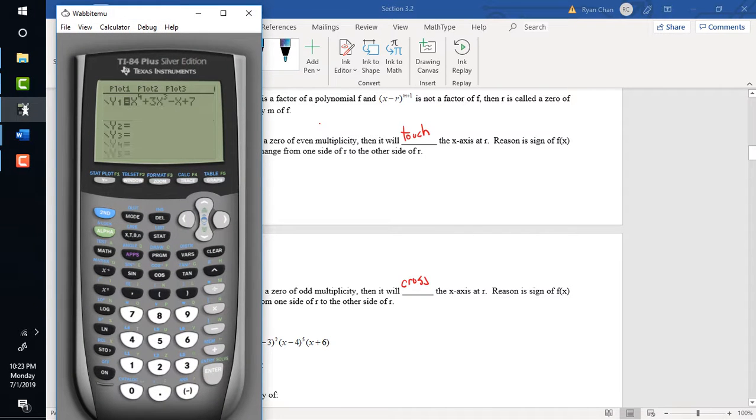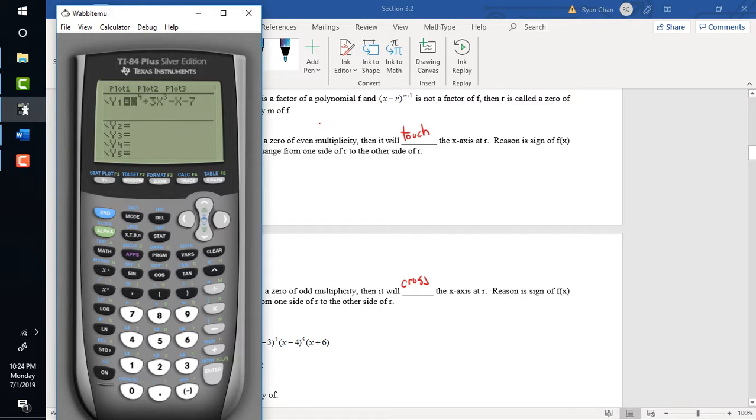So let me do this here. If you look at this graph, I actually have 2 odd multiplicities, because they actually cross. You see, I know that it doesn't touch.